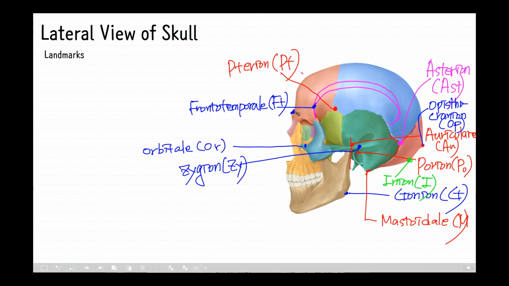And the next one is the bregma. The bregma is the craniometric point located at the junction of the coronal and the sagittal sutures. So this is the bregma. And menton. The menton corresponds to the lowermost point of the mental tuberosity. So this point is menton.